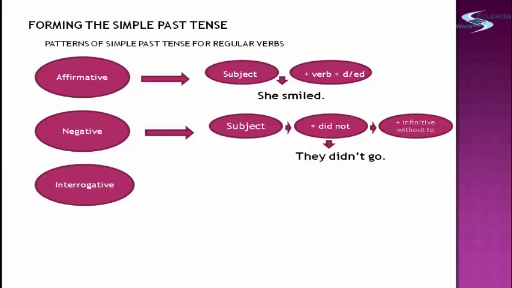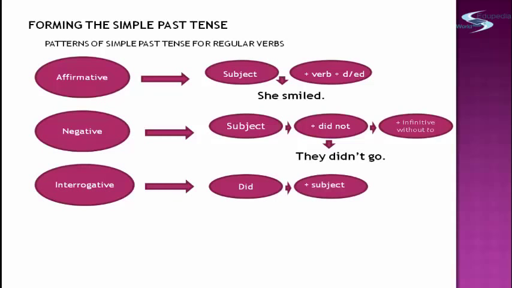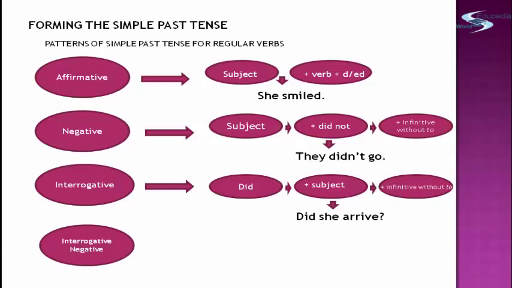Okay? For the interrogative, we have the pattern did plus subject plus infinitive without to. So, example, did she arrive? If you can notice, did comes first, and then the subject she, and then the infinitive verb without to, arrive. Okay. Interrogative negative.